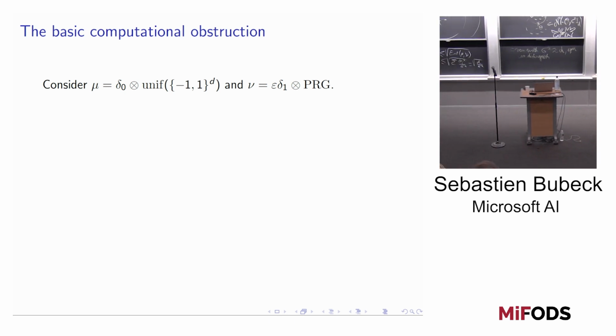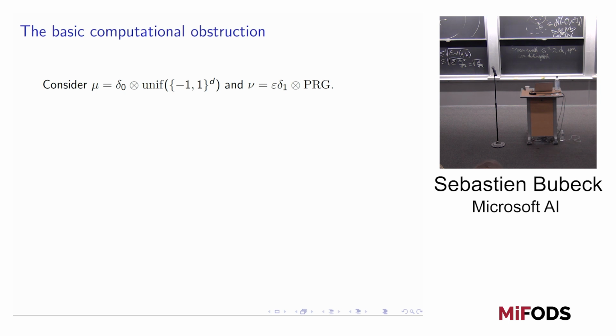So, consider those 2 examples. The distribution mu is a point mass at 0. So the first coordinate tells you the answer. And then the rest is just uniform on the cube, just uniform on {-1, 1}^d. Now the alternative, again, the first coordinate tells you the answer. It's epsilon times the point mass at 1. So you look at the first coordinate.